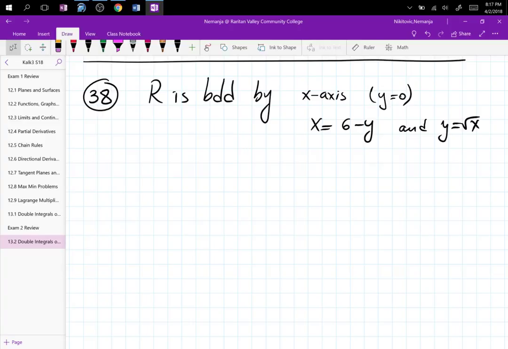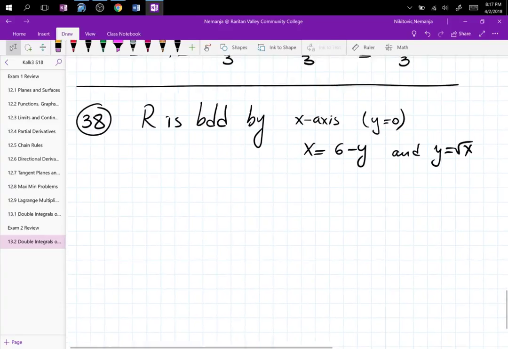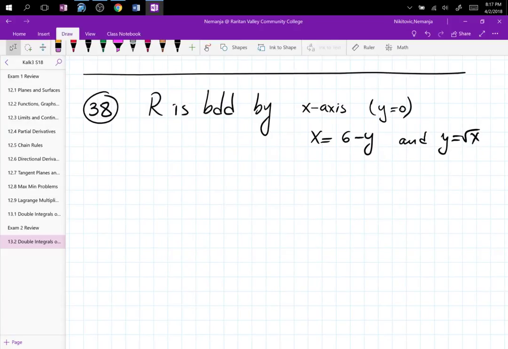So what do I have? I have this linear line that is given in a weird way, right? We're not used to having y there. So what I'm going to do here is write y equals negative x plus 6. This is what we are used to.